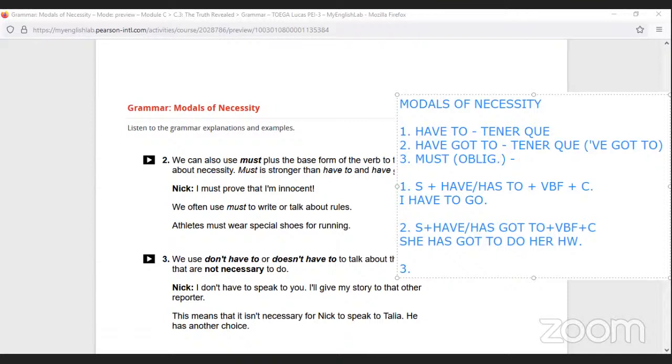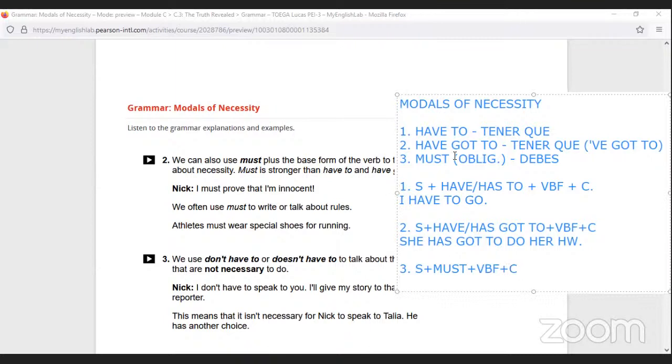For example, when we don't respect some law or some rule. It means debes. When we use must, we use the subject, the auxiliary must, the verb in base form, and the complement.